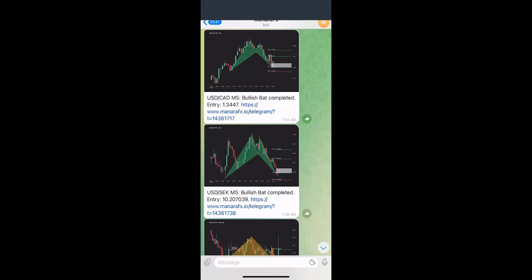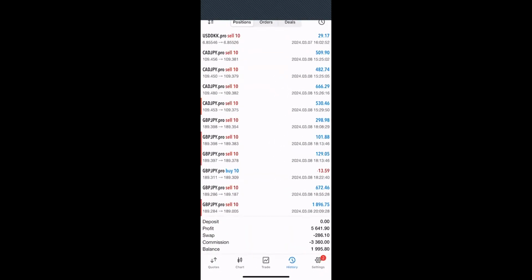Now, let me throw a little twist in here. Sometimes you can look at the weekly and the weekly does not match the daily. But remember, you need at least 2 of them in sync. So if the daily and the weekly do not match, let me go into my chart so I can give y'all a visual demonstration.